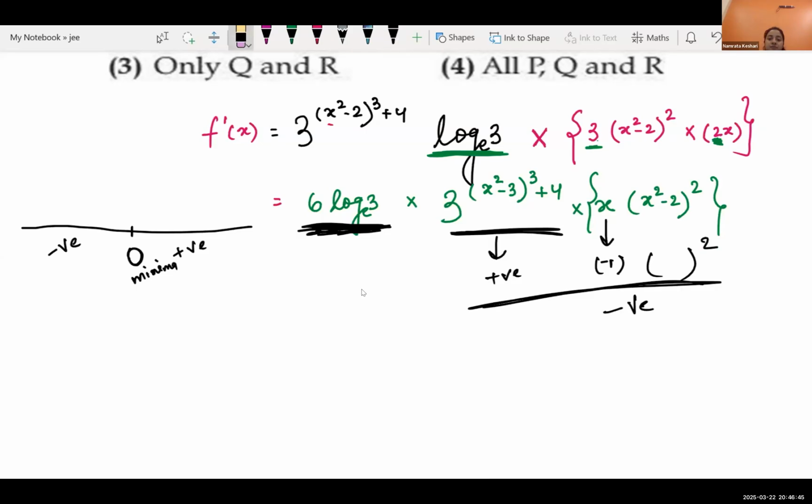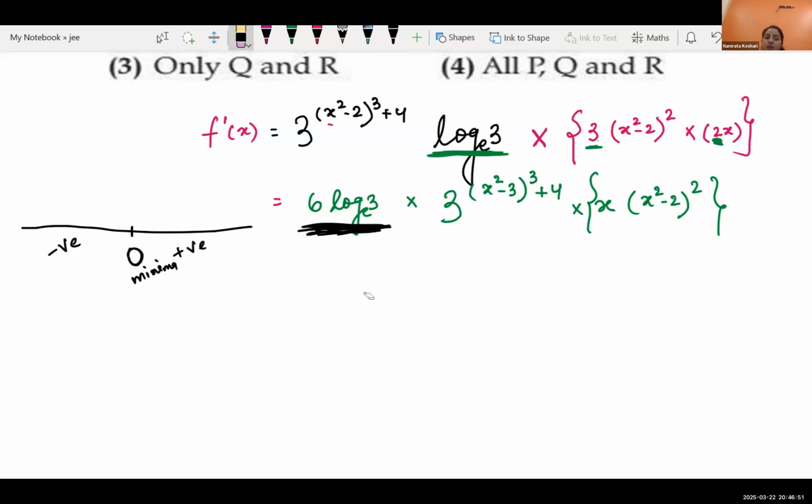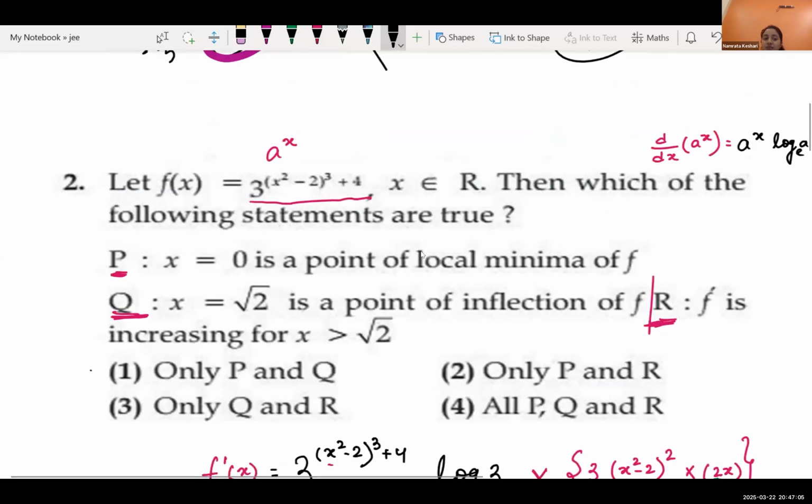We don't have to do anything, but carefully we have to analyze. Now on the right of 0, suppose we take +1. Then the whole result is positive, and here it is minima. So P is correct.